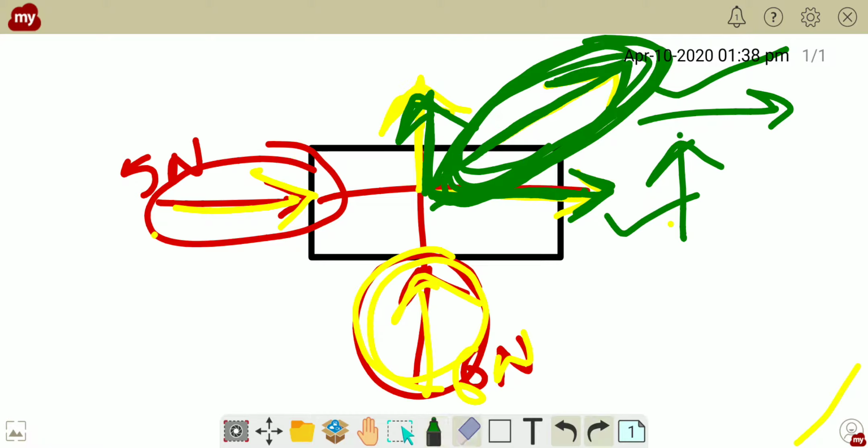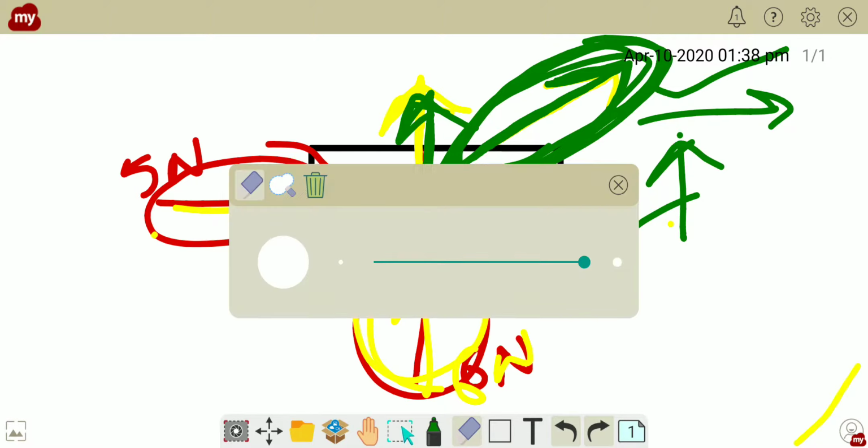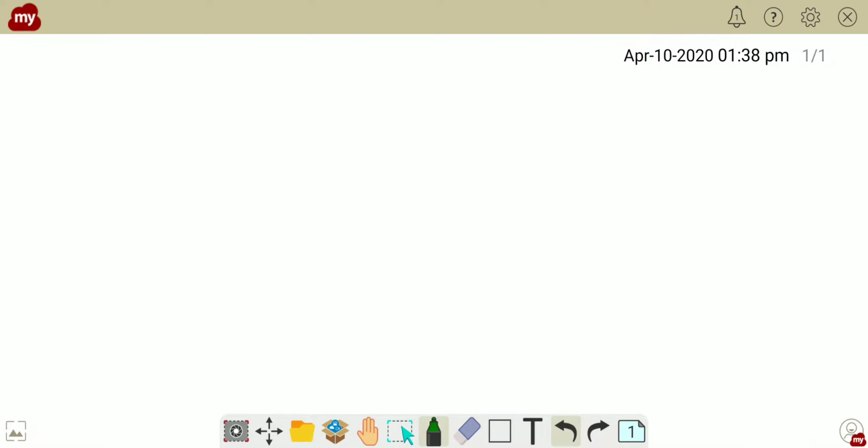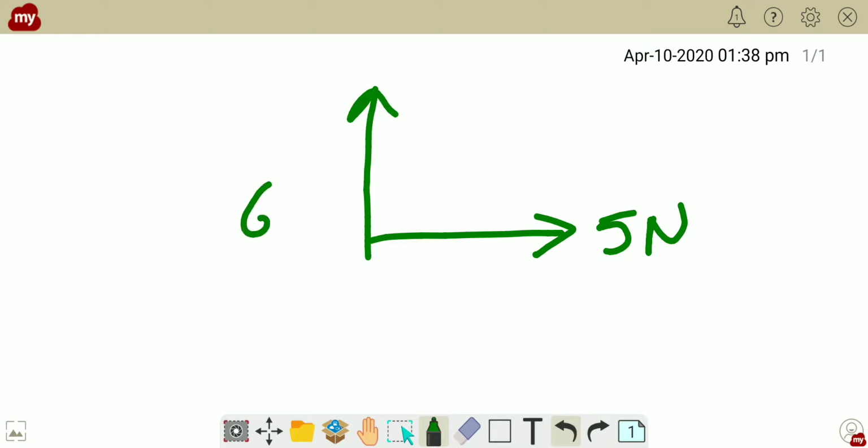Right, let us erase this all. So here we have taken 6 newtons and 5 newtons, right? Let us solve it and find out the final resultant. Here the force which is pointing right side is 5 newtons. The force which is pointing upwards is 6 newtons, right? Here I have to find out the resultant of these two forces.